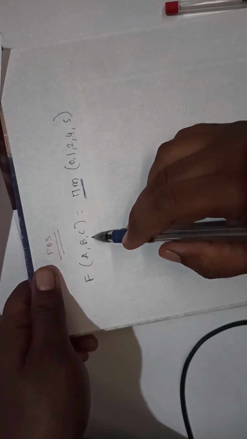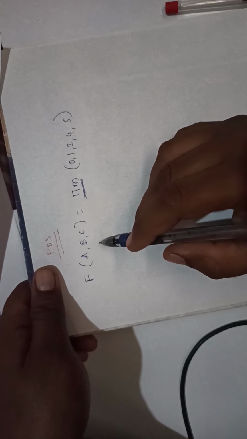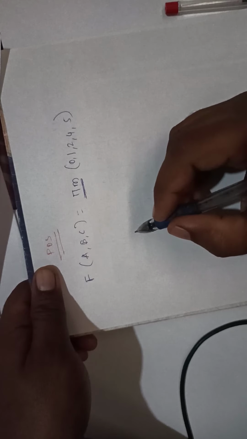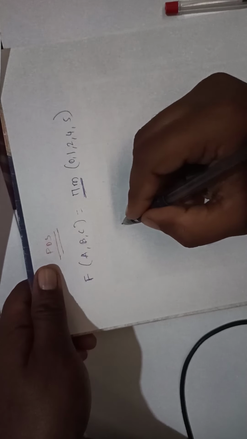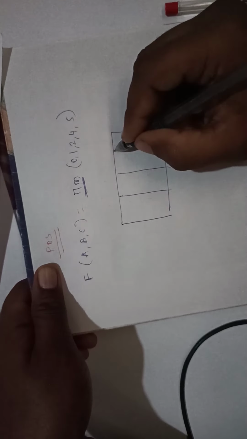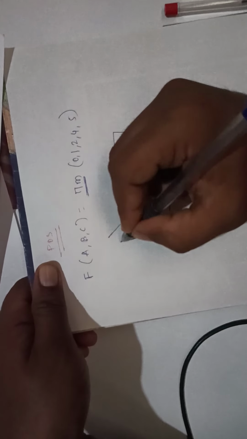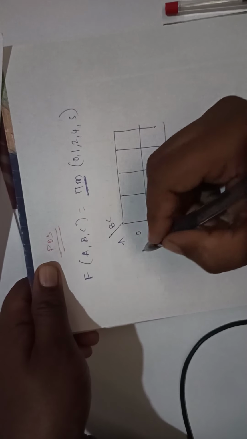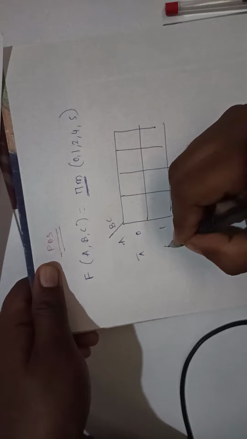Here we require only 3 variables, which means 8 cells, that is 2 raised to 3. It is drawn this way. This is the 8 cells. With 3 inputs, we put 1 input here and the remaining 2 here: 0, 1, that is a bar, a.